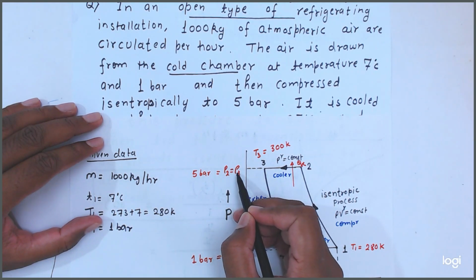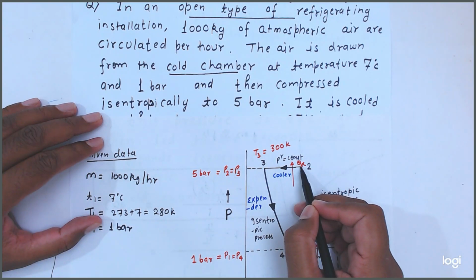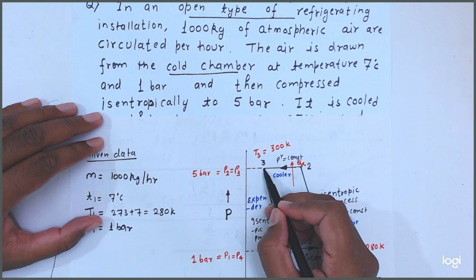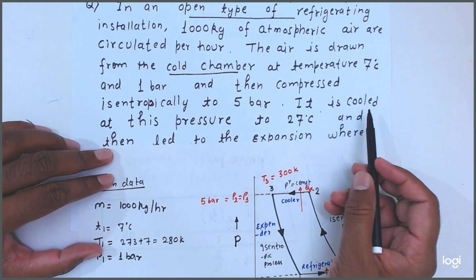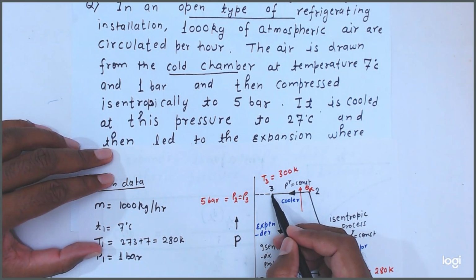P2 is equal to P3 is equal to 5 bar. And then from here it started cooling, and here it is cooled at this pressure to 27 degrees centigrade. So up to 27 degrees centigrade it has cooled.